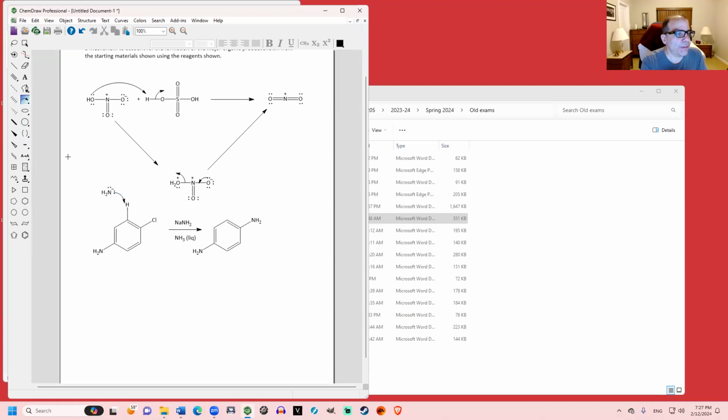So the first step in the benzyne reaction is pulling off the proton, and the electrons go onto the carbon atom.